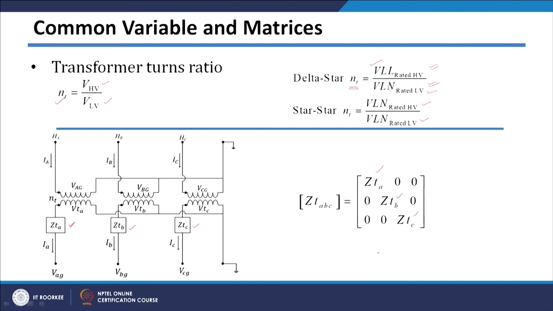If it is a delta connection, this impedance may be between two phases. In that case, I can say ZTAB, ZTBC, ZTCA. Wherever a particular configuration comes, I will explain that. So these are the impedances of the three transformers in three phases.